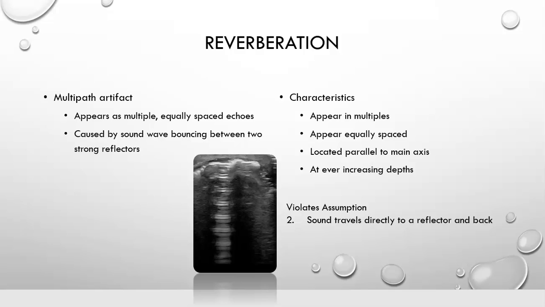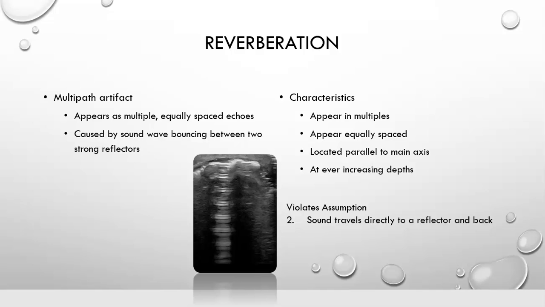They appear equally spaced and are located parallel to the main axis of the sound beam. They occur at ever increasing depths, and they fade as they get deeper. It violates assumption number 2, that sound travels directly to a reflector and back.